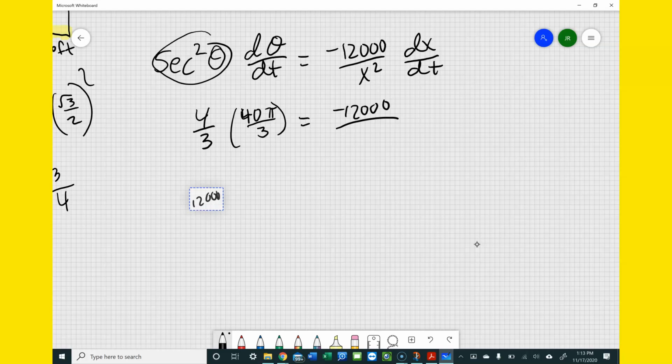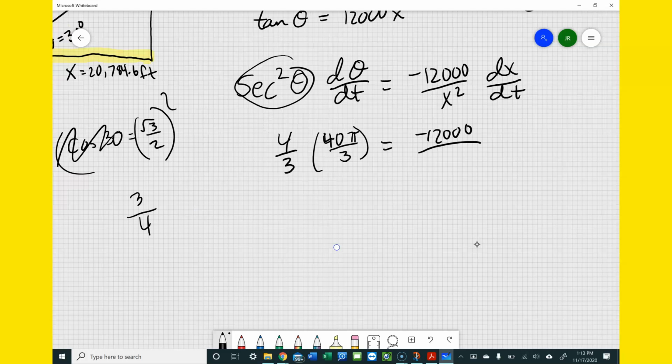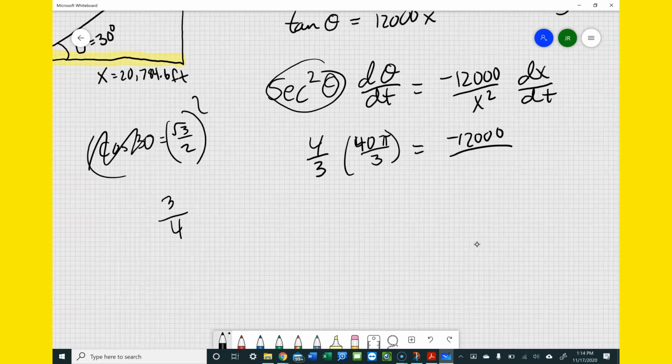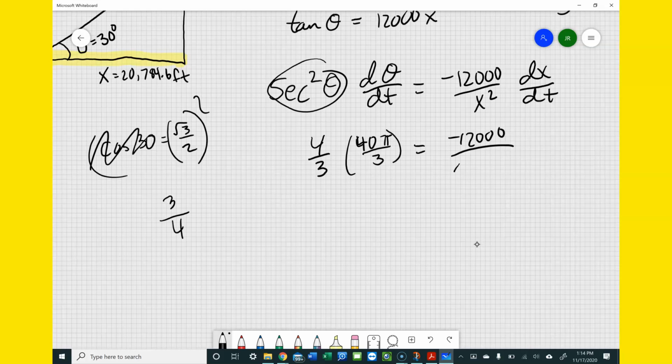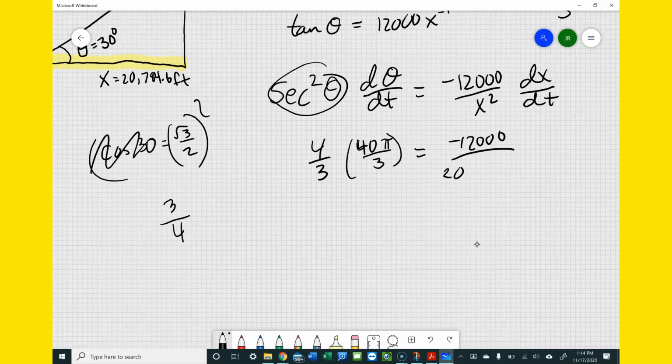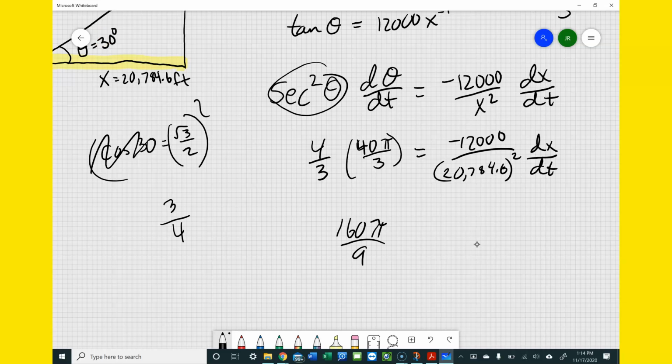over, what was that value of x? It was 20,784.6, and that's squared, times dx dt. Now I have to do a lot of arithmetic. That's going to be 160 pi over 9.